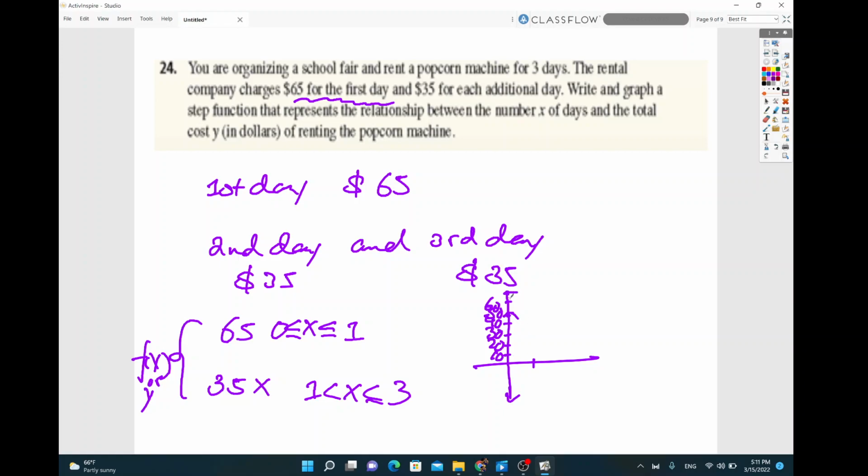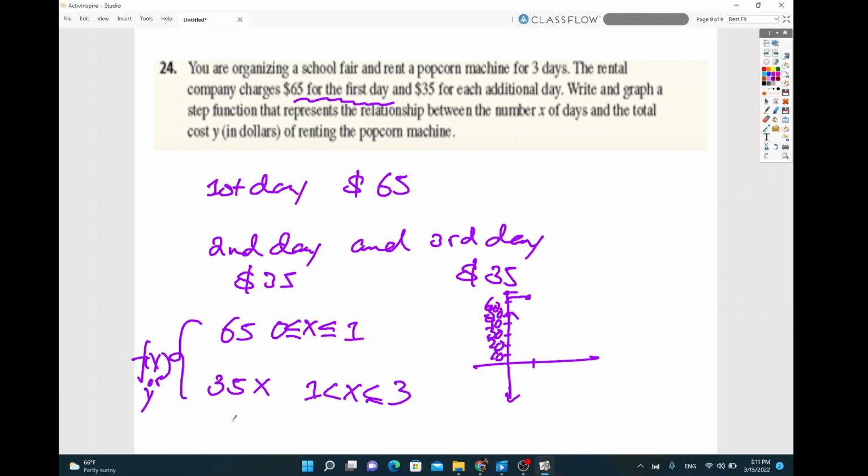And then from day 1, anytime after day 1, the school is spending $35 on each day to rent the popcorn machine. So 35, that would be the slope.